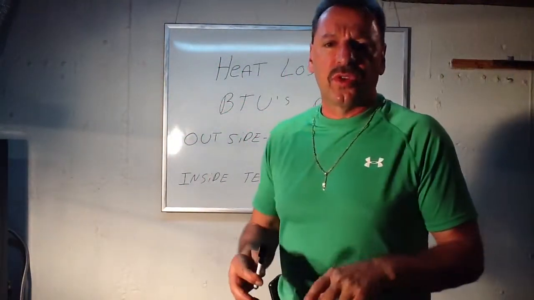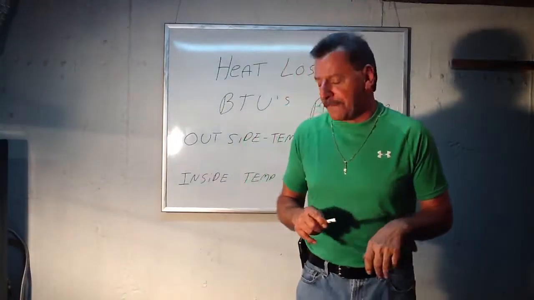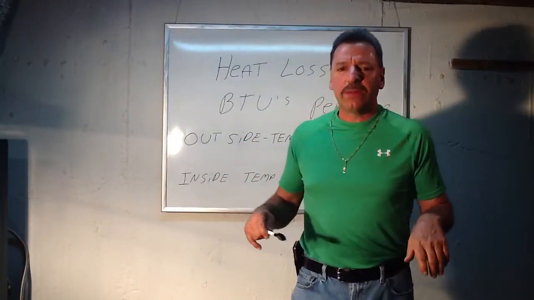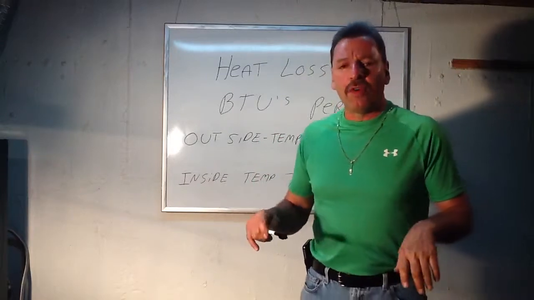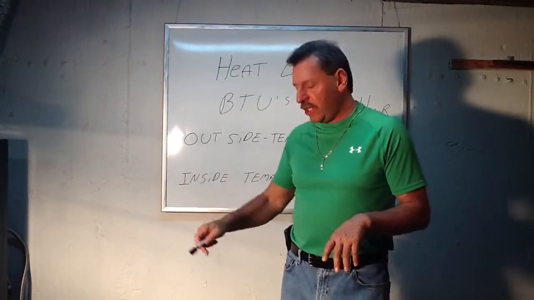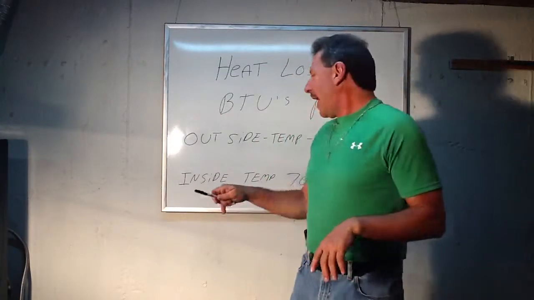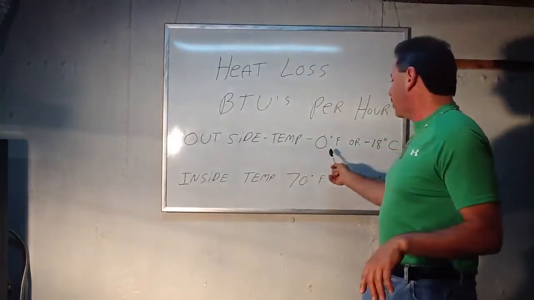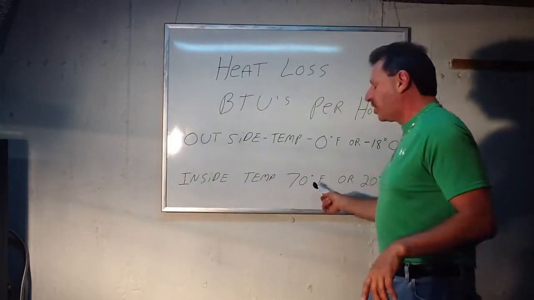And what I'm going to do is put the camera on one of the charts that I used in school. This is for calculating radiant heat flooring, radiant heat tubing under the floor, at outside temperature 0, inside temperature 70.